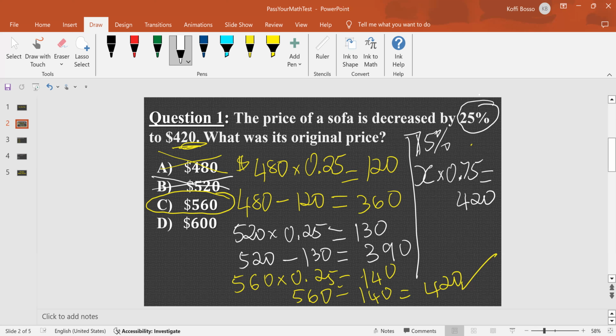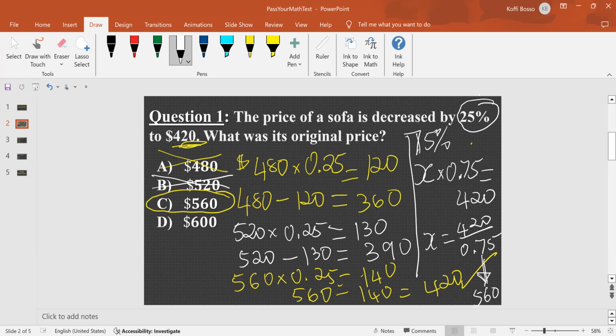Now, how to get the X? To get X, you take 420 and divide it by 0.75. You get 560 right away. So in this case, we are using this method to find the original price. 420 divided by 0.75 gives you 560, which is the correct choice.